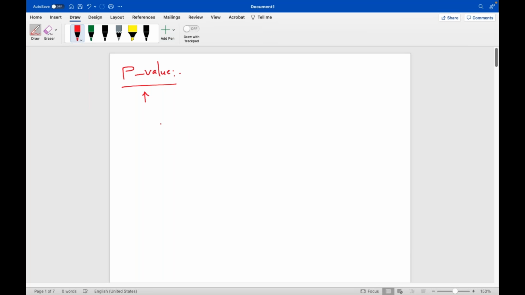So what exactly is the p-value? The p-value is the probability of an event occurring. I hope that's clear, right?